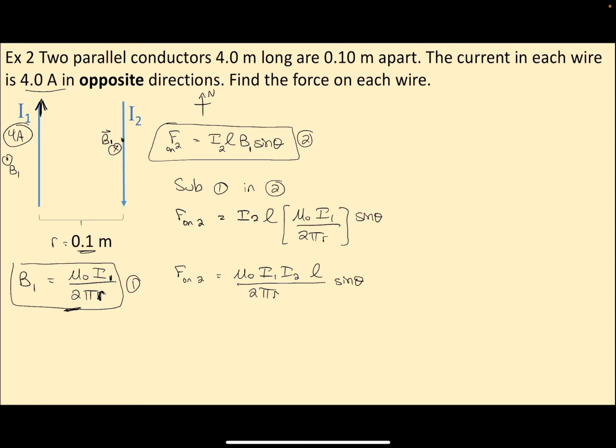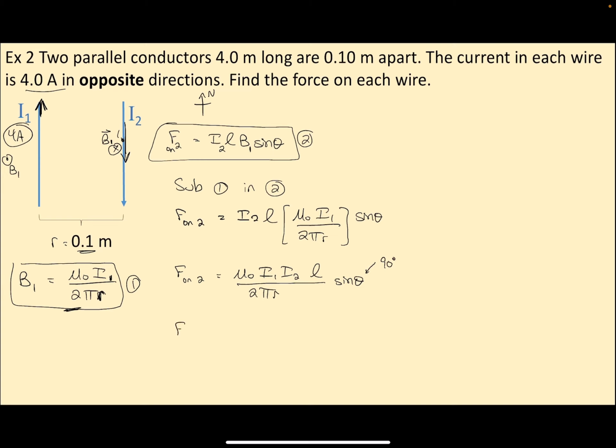Something to notice with this sine theta, the B field due to wire 1 is directly into the page, whereas the current is going south, according to my setup here. That means this angle right here is 90 degrees. We are only ever going to do this for parallel wires, so it's always going to be 90 degrees. Sine of 90 is 1.